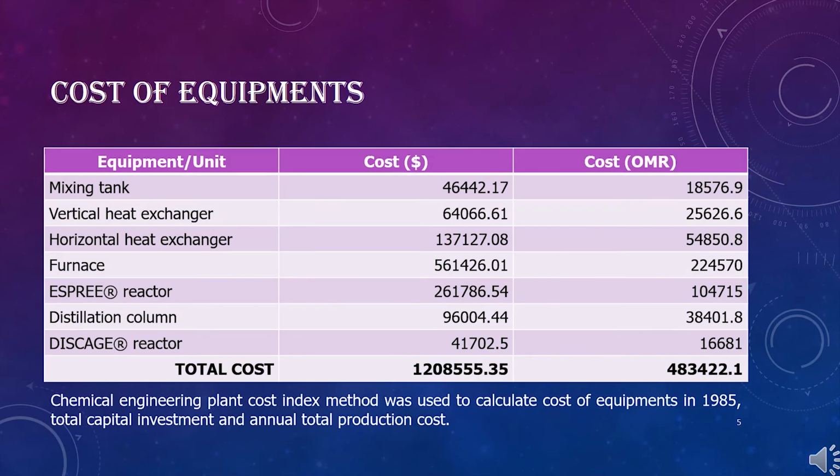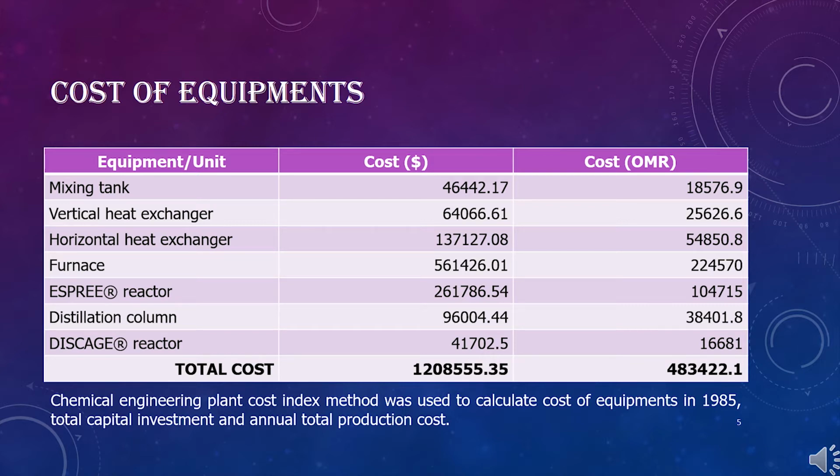Cost of equipments. Each equipment in the PET manufacturing process is calculated using chemical engineering plant cost index method based on the size of each equipment. The values of individual and total costs of equipments are in the table.